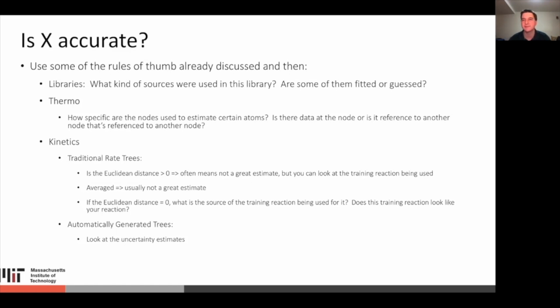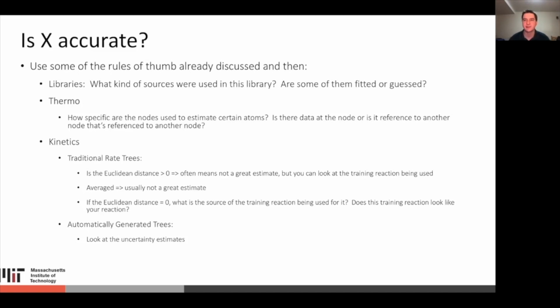If you have information coming from libraries, you should look at what kinds of sources were used in that library. In particular, whether certain parameters are fitted or guessed. Fitted and guessed parameters may not be representative, may not be good values to use in a different mechanism situation.